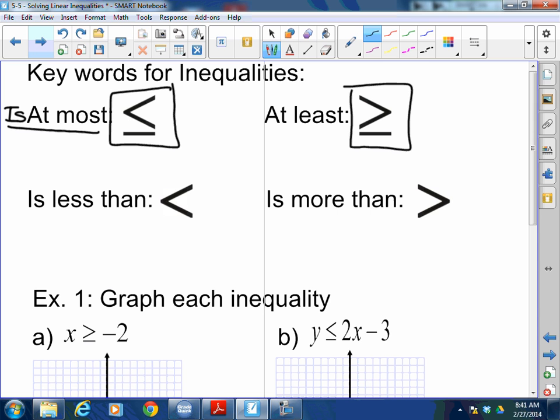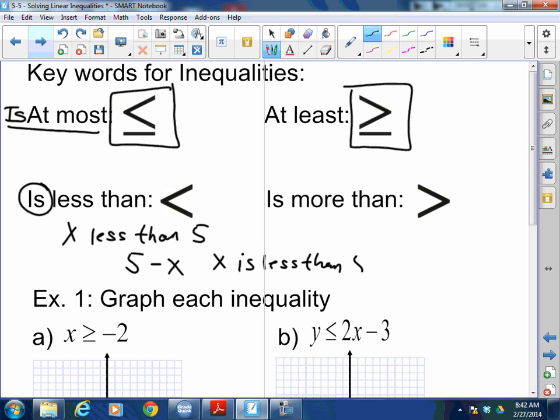Okay? If I tell you is less than, is the big key. Let me explain why that's such a big key. Guys, if I just tell you this, x less than 5, how do you write x less than 5? 5 minus x. Thank you so much. But if I tell you guys x is less than 5, how would you write that? x is less than 5.